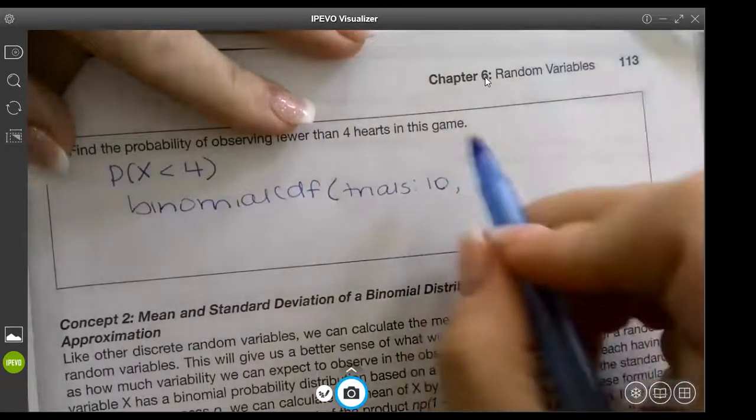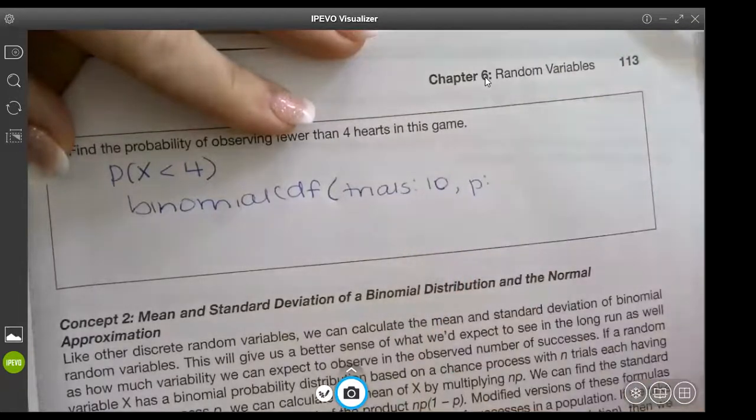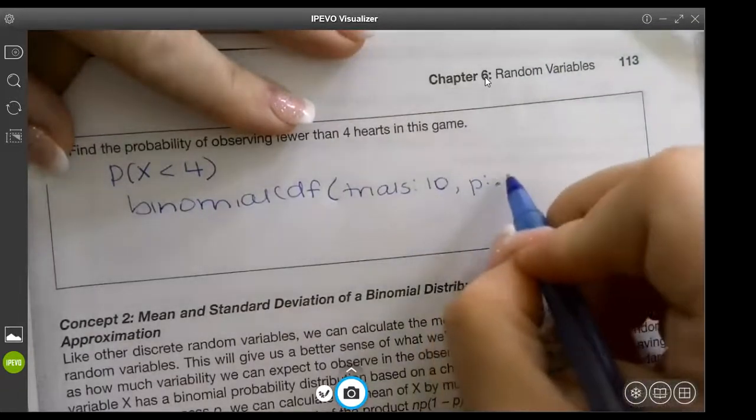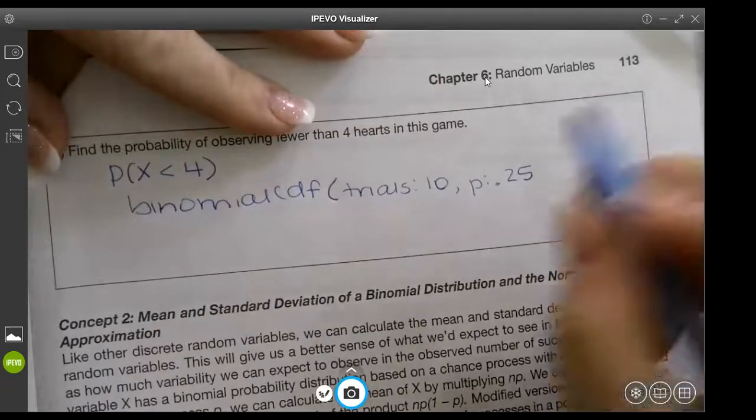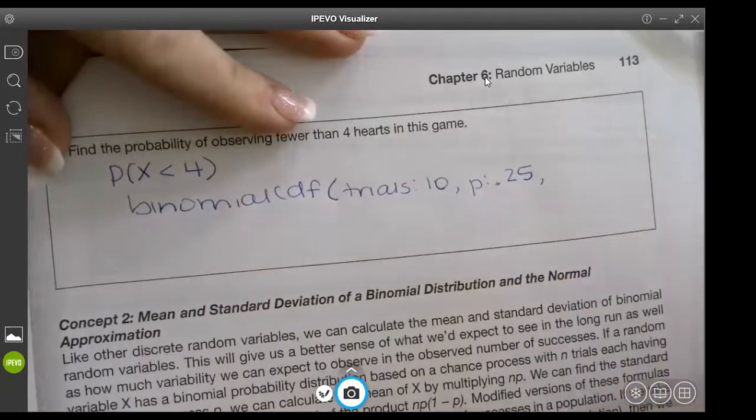P. What is P? And I put in 0.25. Doesn't matter. You can put in 1/4. You can put in 13 out of 52. All of those will work, so don't stress out about which one you put in. And then what's the number you put in?